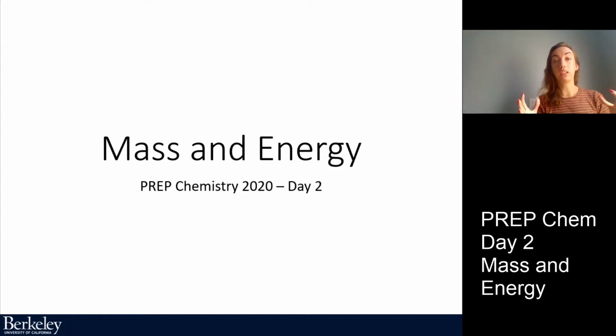If I have 1 liter of water, it weighs 1 kilogram, and its density is 1 gram per milliliter. If I only have 1 milliliter of water, its mass is 1 gram. So its mass has changed now that I have less water in front of me, whereas its density is still 1 gram per milliliter.